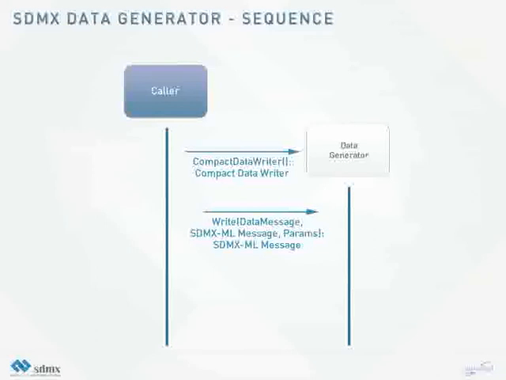Then, the data message in internal model format is processed, calling the method write. The SDMX ML message format and the internal model DSD are provided as further parameters. The SDMX ML compact dataset message is created and the reference is passed to the caller.